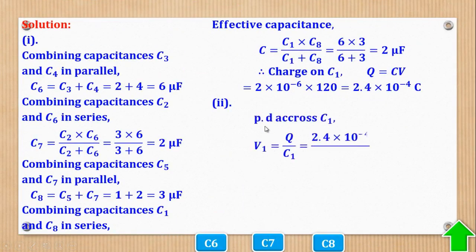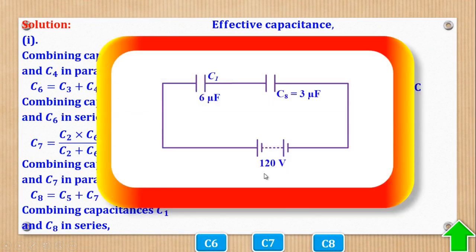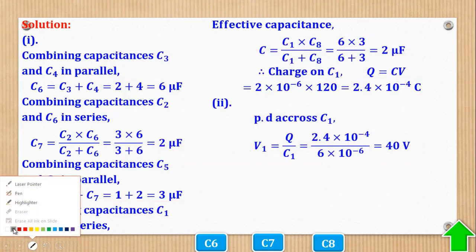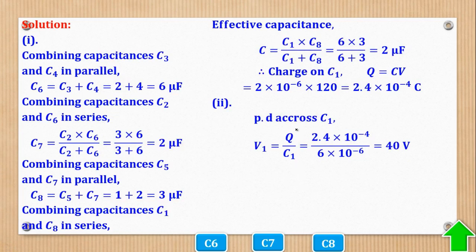So the PD across C1, if you look at this, the PD across C1 will be equal to the charge over the capacitance, because I already know the charge, which is this, and I know the capacitance of C1. I can get the PD across C1, which is 40 volt.